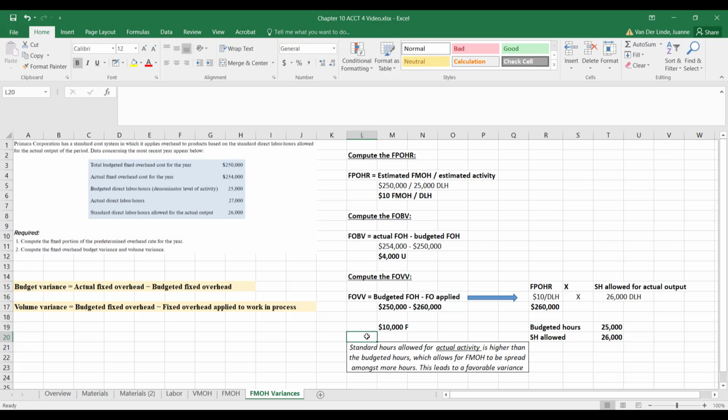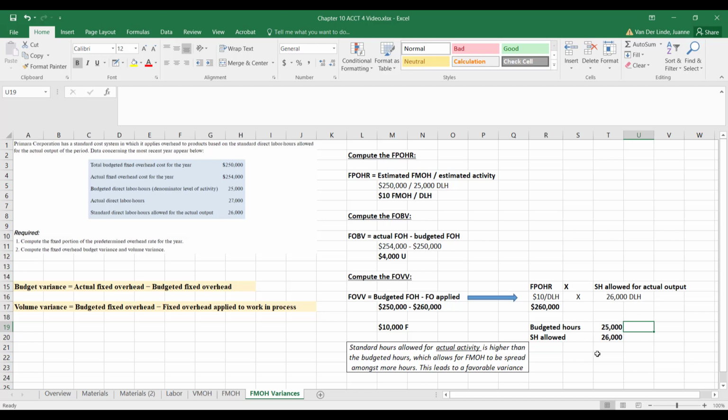And this just gets back to the fact of how fixed overhead basically works. When the standard hours allowed, remember that's based on the standard hours allowed for the actual activity, is higher than the budgeted hours, you're basically spreading that fixed overhead amongst more hours, right?